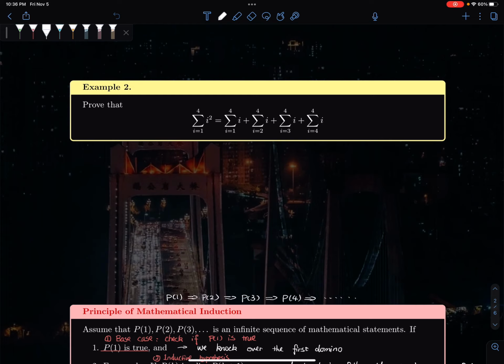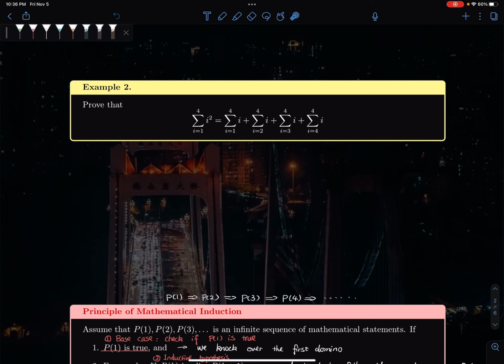This was a quiz question, but anyway, they want you to show that the sum from i equals 1 to 4 of i squared equals the sum from 1 to 4 of i plus the sum from 2 to 4 of i plus the sum from 3 to 4 of i plus the sum from 4 to 4 of i.